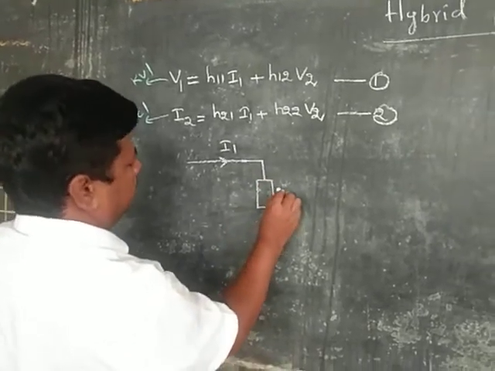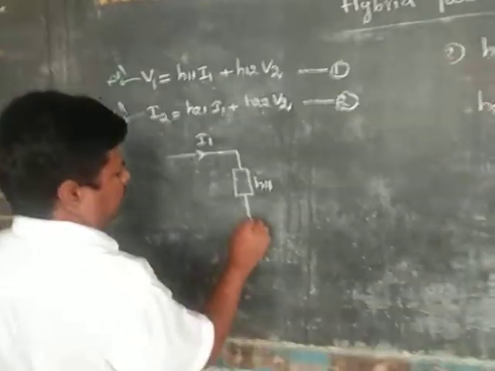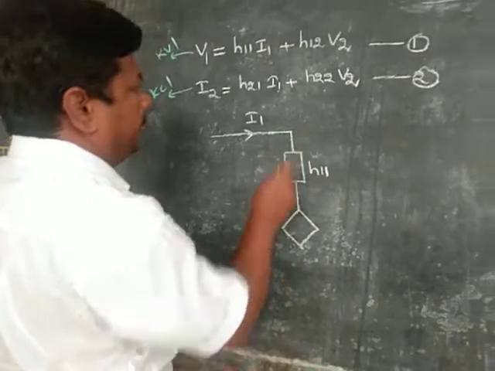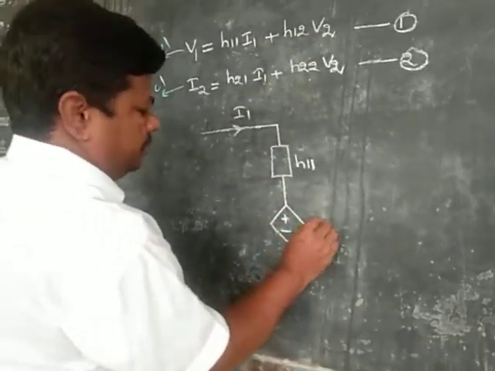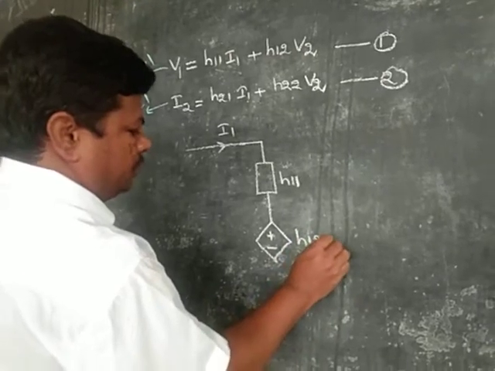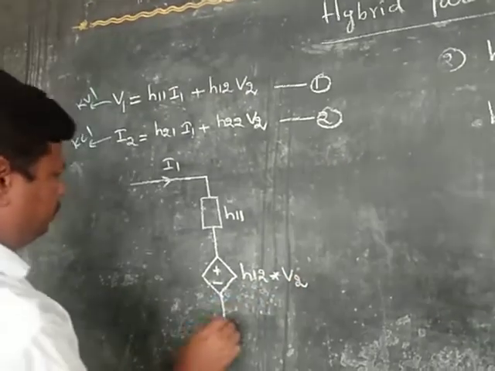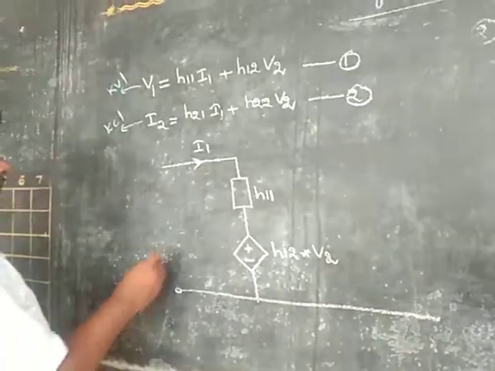And another one is a dependent voltage source, which depends upon H12 into V2. V2 is the port 2 output voltage.